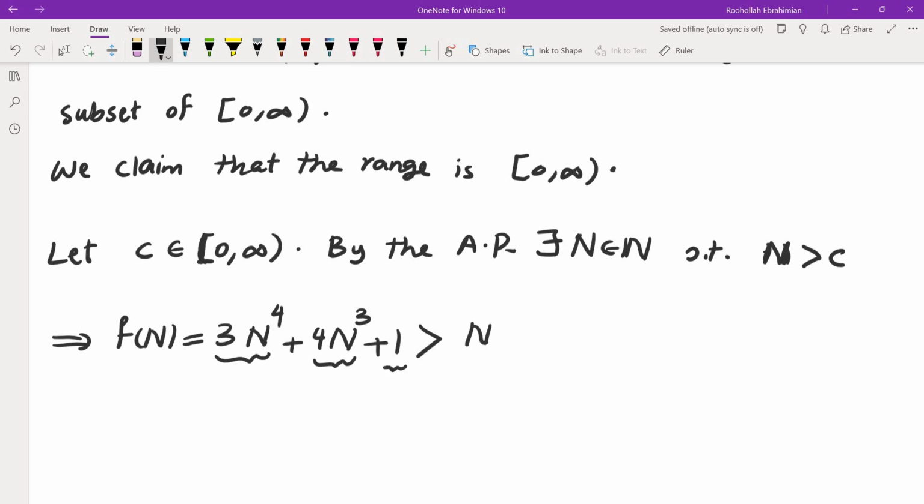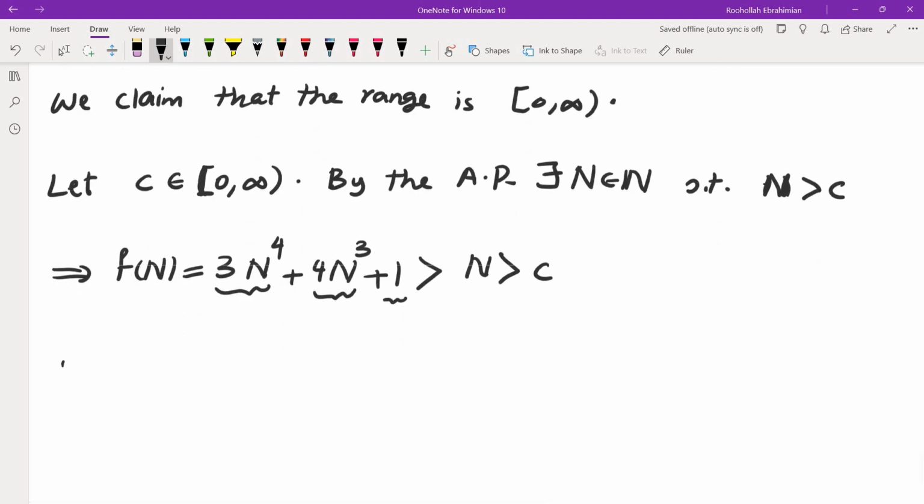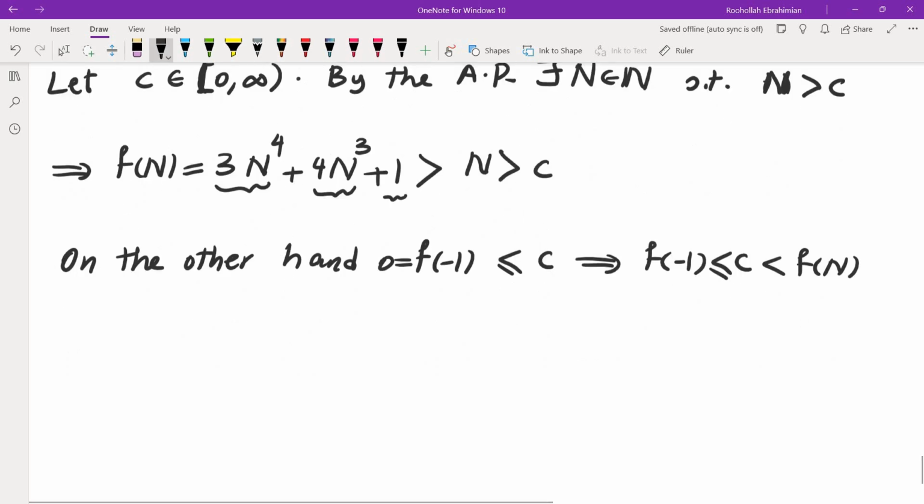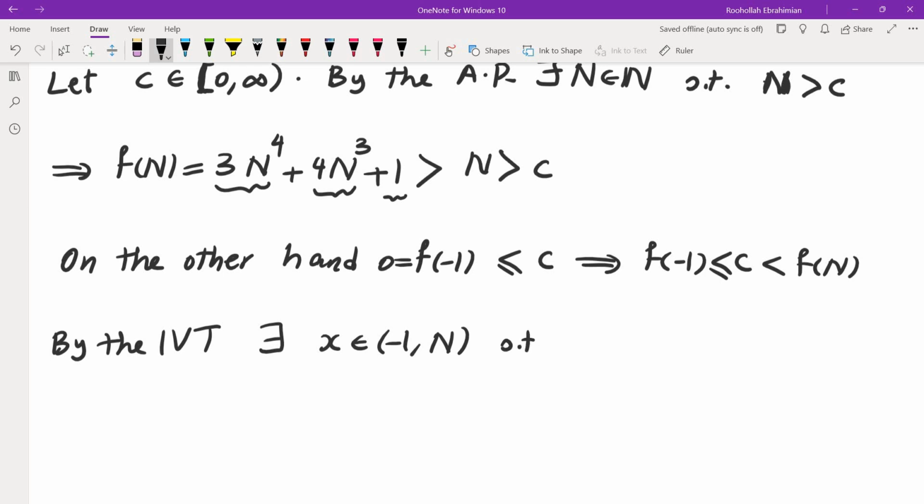This is positive, this is positive. And that's more than C. On the other hand, f of -1 is less than or equal to C, because that's 0. So that means C is between f of -1 and f of n. By the intermediate value theorem, there is some x inside the interval from -1 to n such that f of x is equal to C.